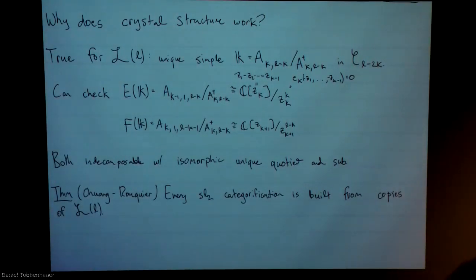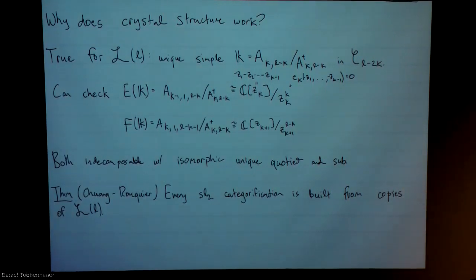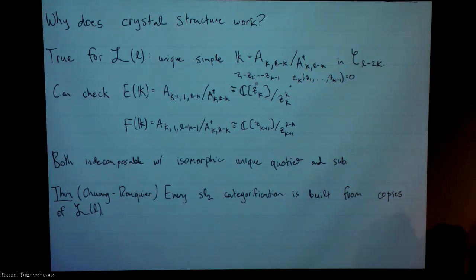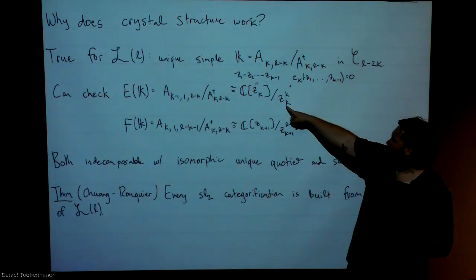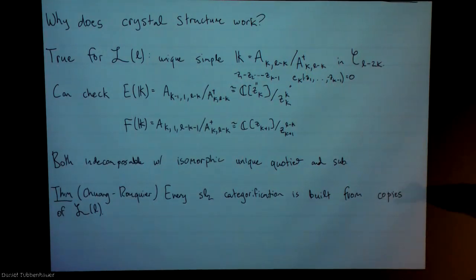All right, and then basically Chuang-Rouquier tells us that every SL2 categorification is built out of copies of this guy, and it's built in such a way that this property carries. Particularly, you can always construct this simple, right? The last power of this before it's 0. That makes sense in any SL2 categorification applied to a simple.